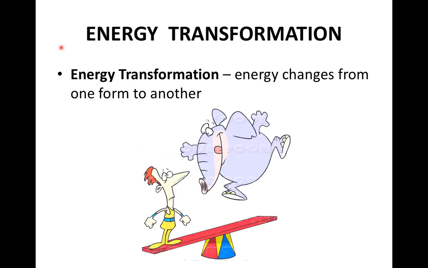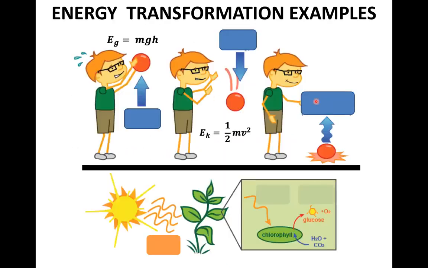So an energy transformation is when energy changes from one form to another form. So if we look at some examples, when this boy lifts up this object, where the object is gaining height, we gain gravitational potential energy.